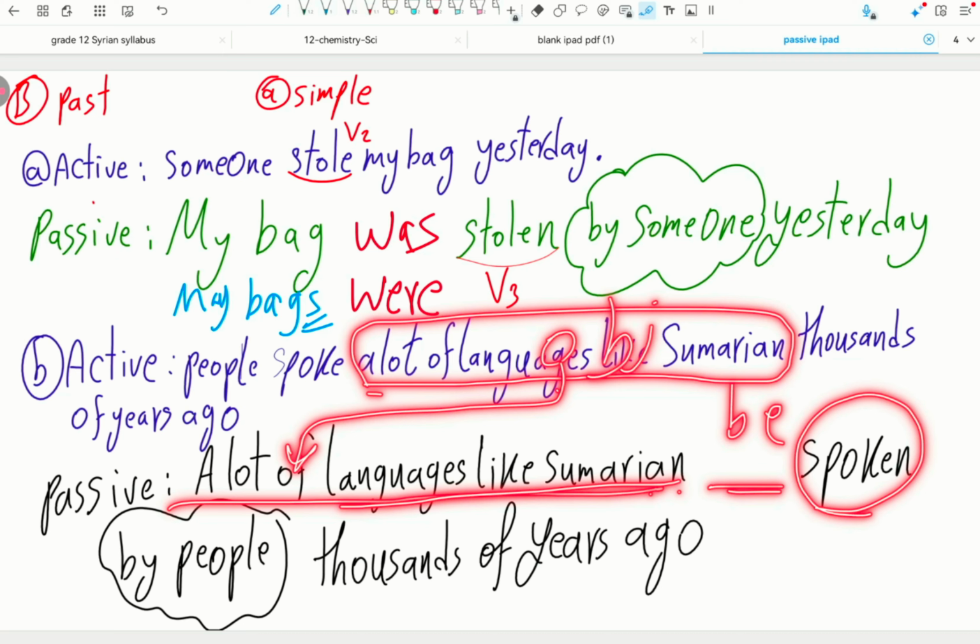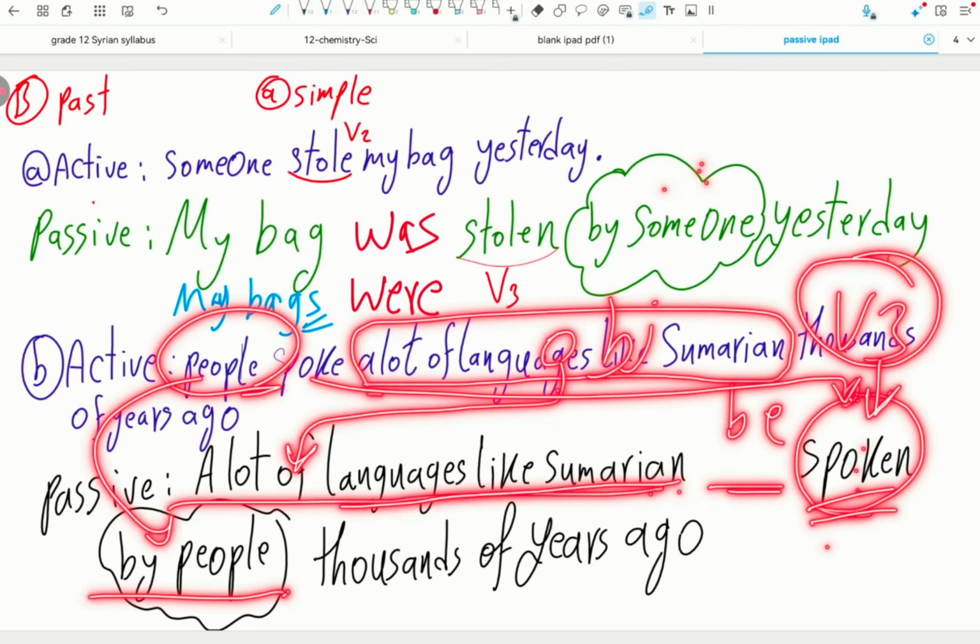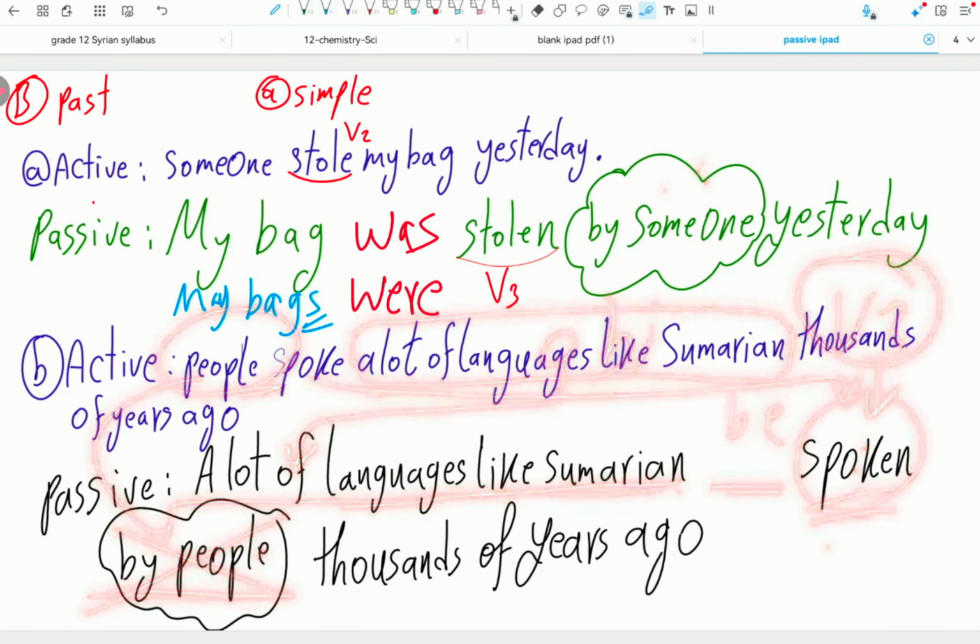Of course, the verb will be verb 3 always, no matter what the tense is, present simple, present continuous, past simple, past continuous, always in passive voice the main verb of the sentence will come in the third form. By people is the subject, and this is optional. If I want to keep it, I keep it. If I want to delete it, I delete it.